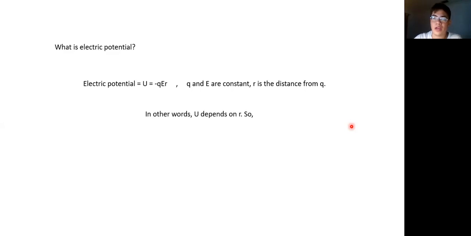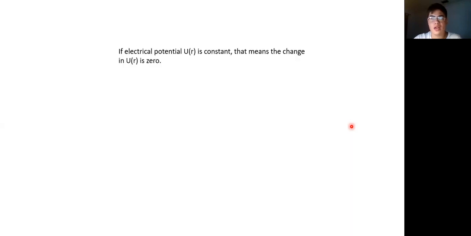So that means that we can actually make a function of the electric potential on R, and we still have this equation. And when they say that the electric potential is constant, that means in terms of this equation that the change in this equation is going to be zero.